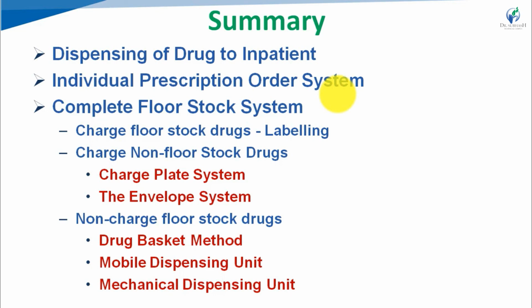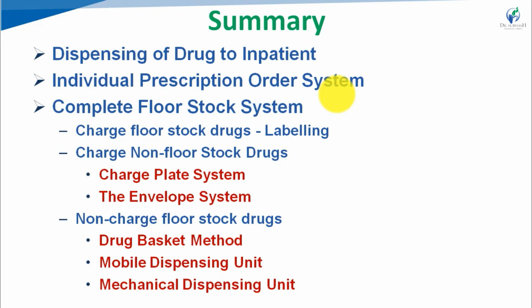Afterwards we discussed the charge non-floor stock drugs. There are 2 methods for charge non-floor stock drugs: one is the charge blade system, and the other is the envelope system. Then for the non-charge floor stock drugs, we discussed the drug basket method, mobile dispensing unit and mechanical dispensing unit.